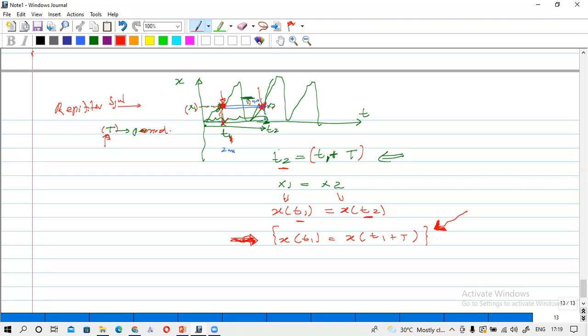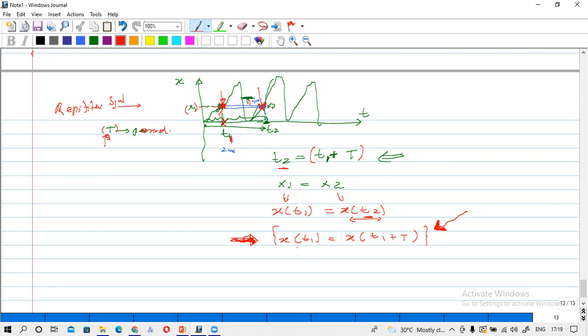So this is the value at T1 time, and this is the value after capital T time. You can see that these values should be equal.